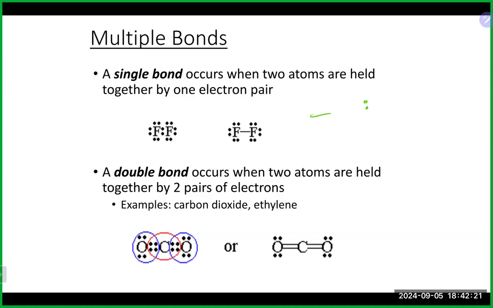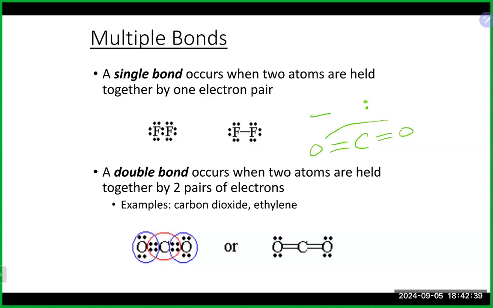But there are situations where you do need to get to the octet rule. Sometimes you will need a double bond to achieve that, and something like carbon dioxide is an example of that. Here, the carbon is sharing a double bond on both sides with the oxygen.